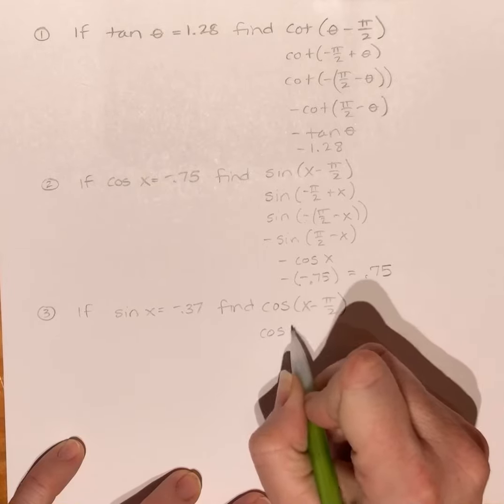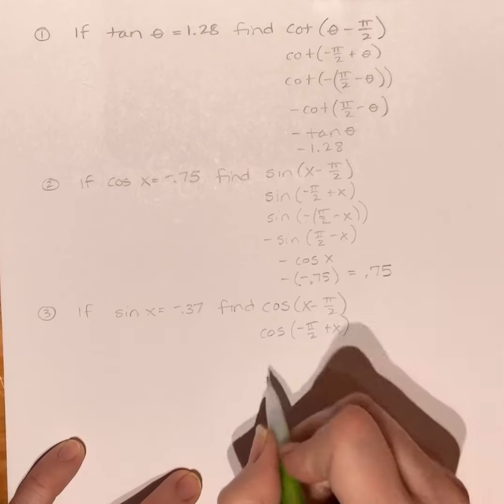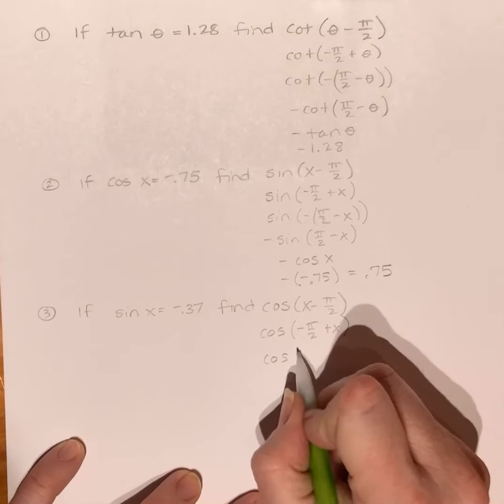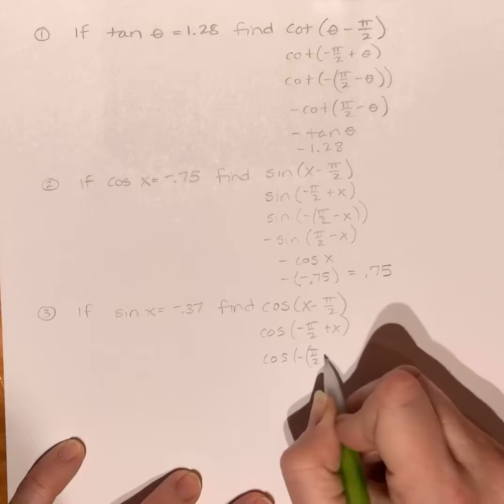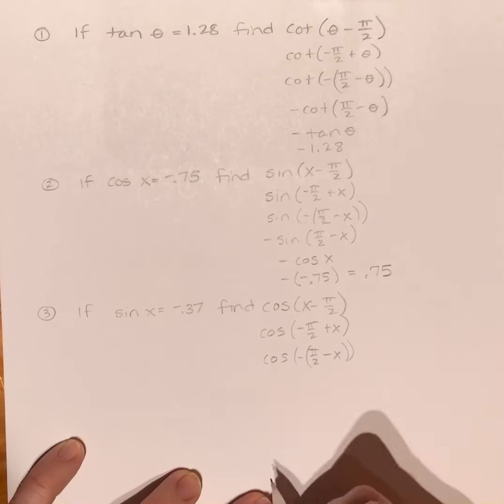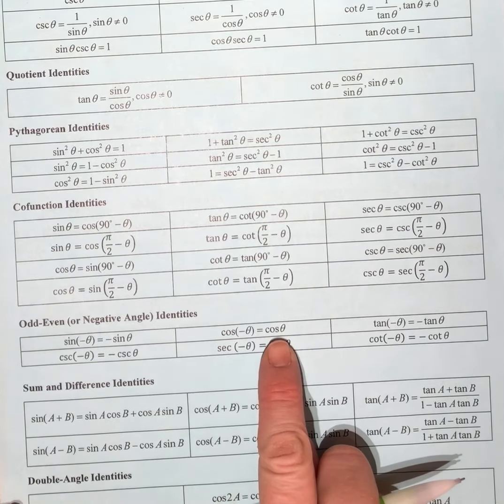So I have the cosine of a negative pi halves plus x. Factor out my negative. And then with cosine, cosine is the same. The cosine of negative theta and the cosine of theta are exactly the same.